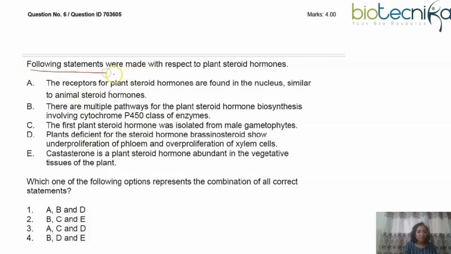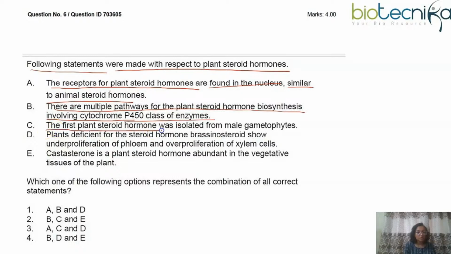Following statements were made with respect to plant steroid hormones. First statement. The receptors for plant steroid hormones are found in the nucleus, similar to animal steroid hormones. There are multiple pathways for plant steroid hormone biosynthesis involving the cytochrome P450 class of enzymes.